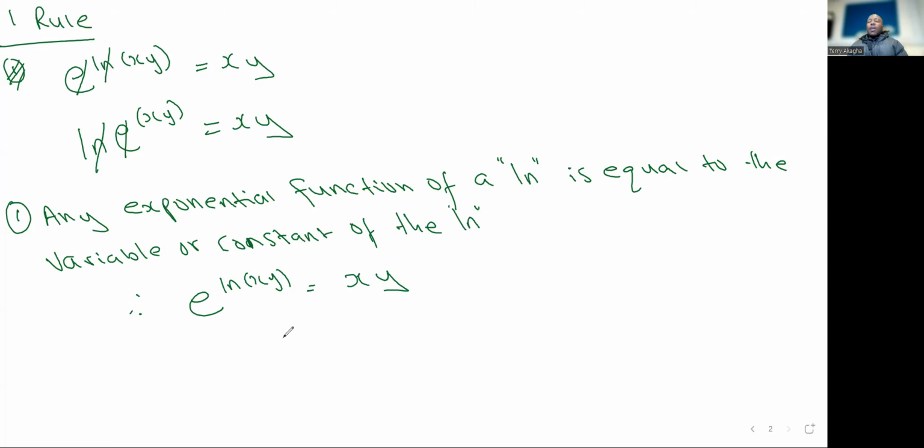Now, one of the things you need to keep in mind: to cancel out a ln, you need to take the exponential of both sides. To cancel out an exponential, you need to take the ln of both sides. So I'm going to write it here so you can take note of it. It's going to be an important tool for you to solve.